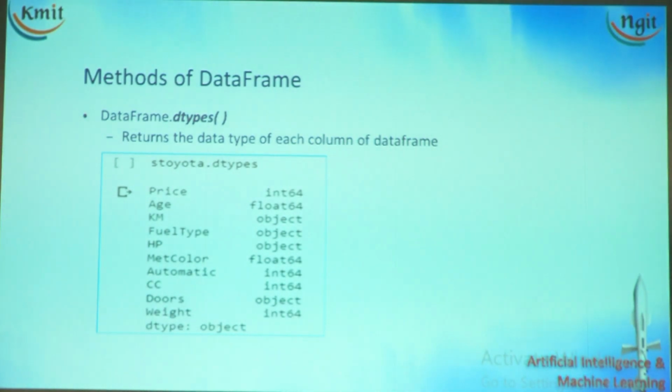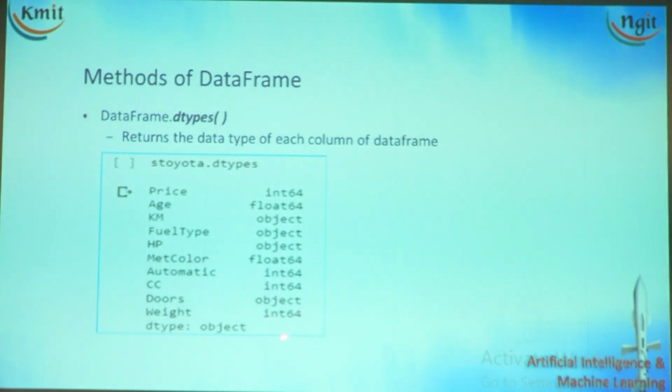Okay. Then met color, float. And then automatic, int, CC, int. We are having NA, that is null value, missing value, both are different. When I show you unique values, I will explain the difference. No problem. Good observation. So now doors, again object.